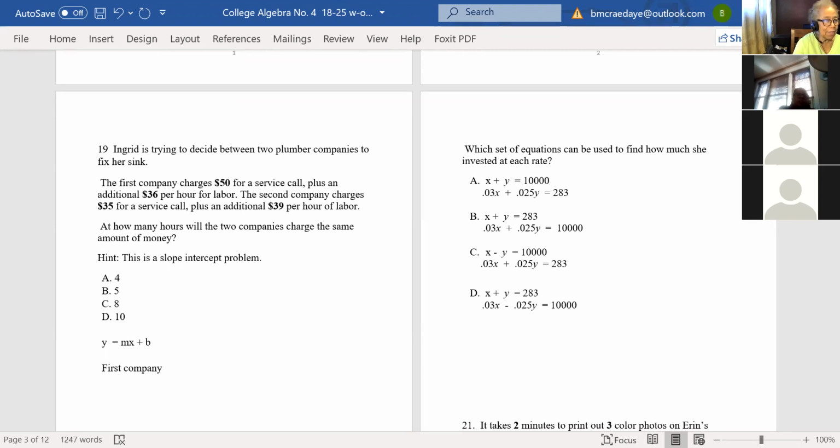And then the additional charge is 36 per hour, so we call that 36x.